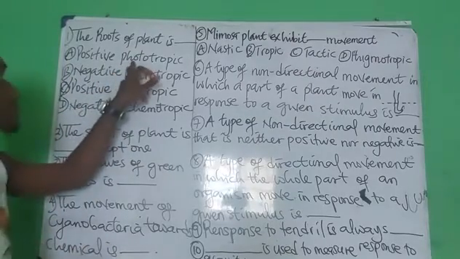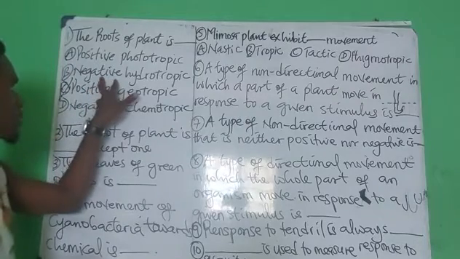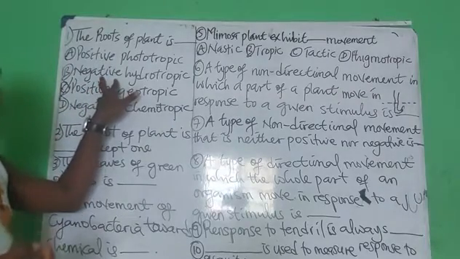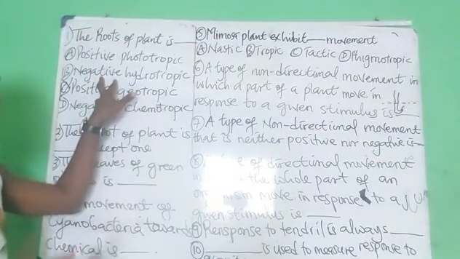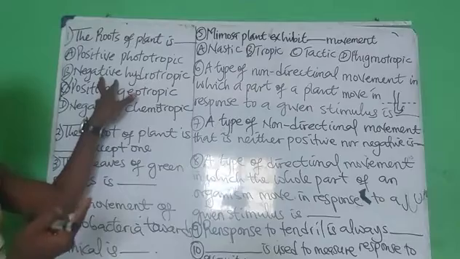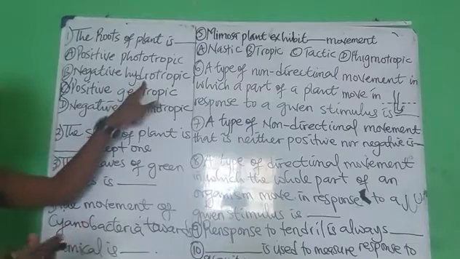That is very correct. The shoot is always growing upwards, away from water in the soil, so it is negative hydrotropism. Very correct.